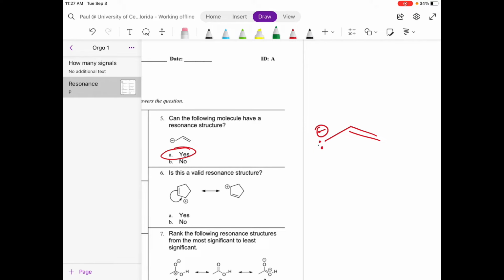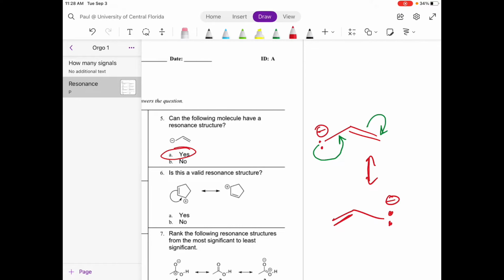So that lone pair can come down and then go like this. And the structure now has the lone pair on that side, the double bond there, and now that's going to be negatively charged over there. So yes, whenever you have lone pairs adjacent to double bonds, there's going to be resonance structures.